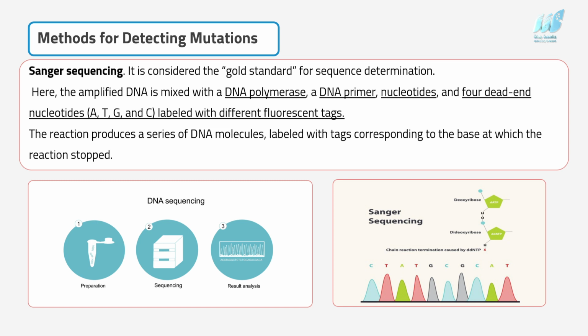Here, the amplified DNA is mixed with a DNA polymerase, a DNA primer, and four dead-end nucleotides A, T, G, and C. They are labeled with different fluorescence tags. The reaction produces a series of DNA molecules labeled with tags corresponding to the base at which the reaction stopped. The advantage of this technique is that it is fast in determining the change in the DNA sequence in a single gene.